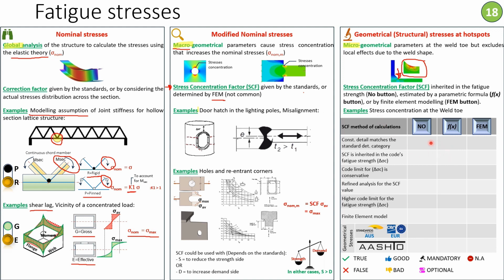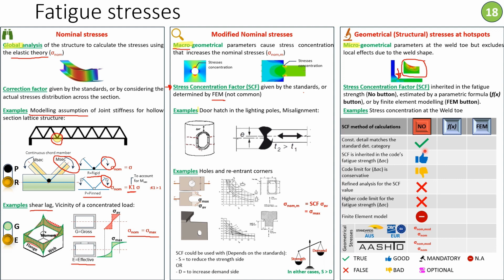Let's start with the first button, where your connection fits within the testing range conducted by the code. In that case, the stress concentration at weld toes is already inherited in the fatigue strength given by the code, and you do not need to do any sort of calculation to get the stress concentration factor.